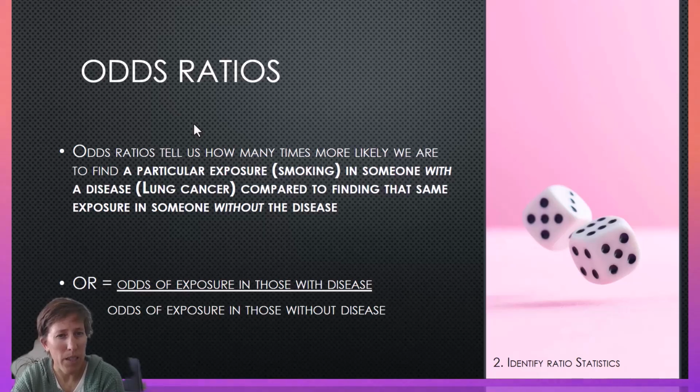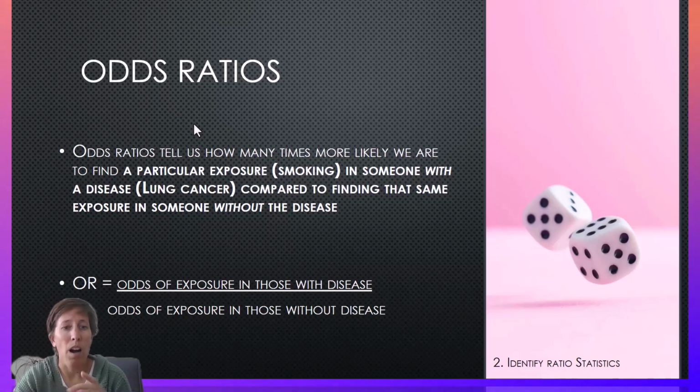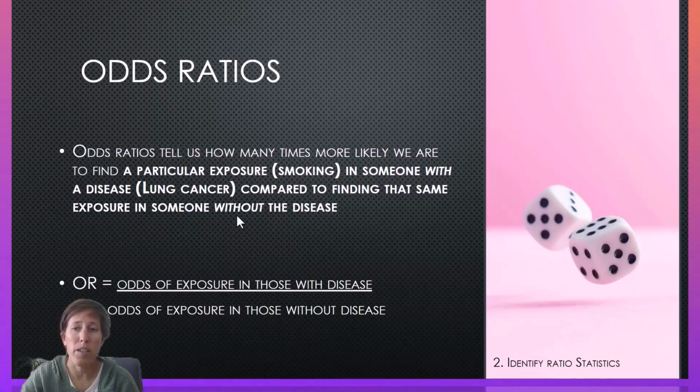Odds ratio is odds of exposure in those with the disease divided by odds of exposure in those without disease. You're not going to have to know or figure out how to actually get odds of exposure, but you do need to know that this is a ratio that we are getting the final result via division of those with disease, without disease. The more important thing to know is what to do with an odds ratio.